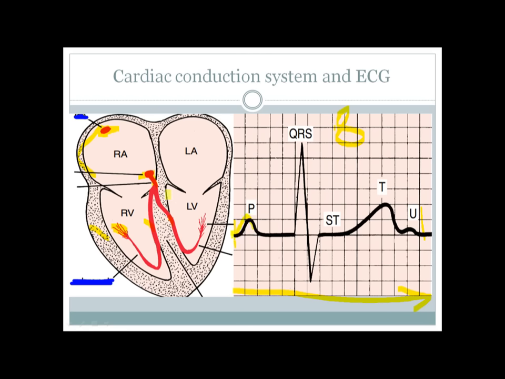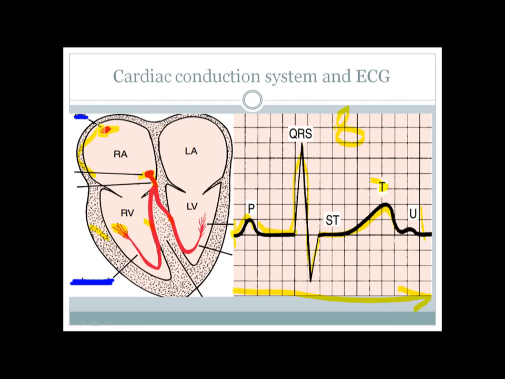Then it travels to the AV node, stays for a few moments, and after that it causes a rapid electrical activity in the ventricles, causing another spike which is known as the QRS complex, and ultimately it also causes another spike which is called the T wave. I'll explain all of those later. This is just a basic idea.